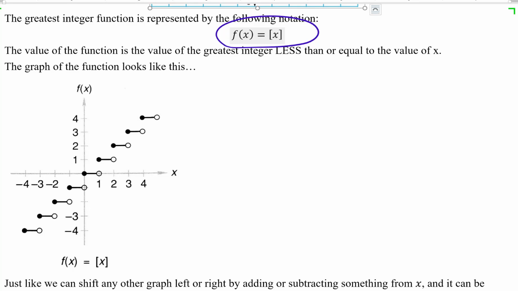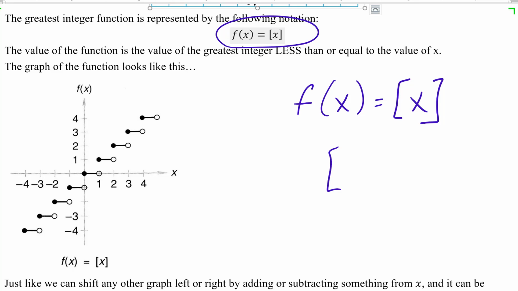All right, so for example, if you have f of x equals the greatest integer function, then what that means is if you see these little brackets around some number, like say you have 1.357, what that means is the greatest integer that is less than or equal to that number.